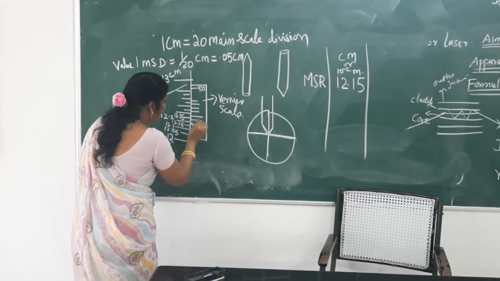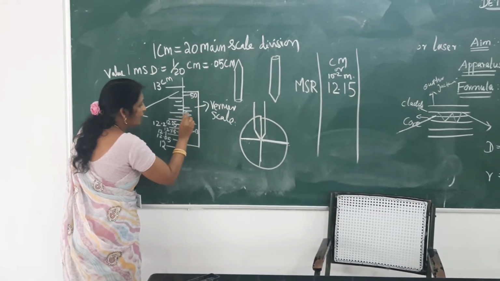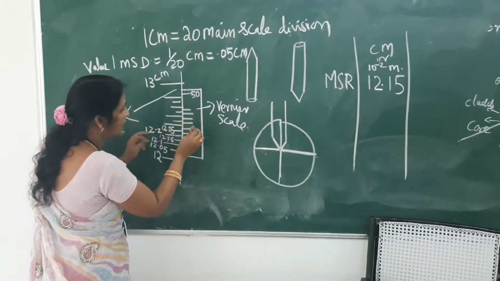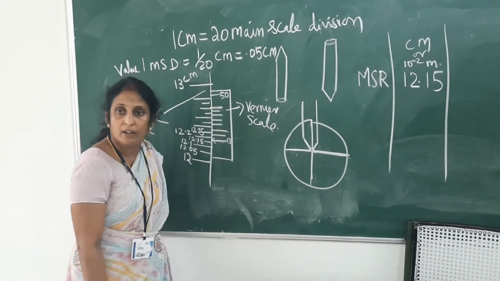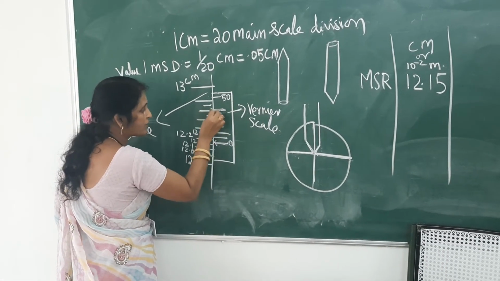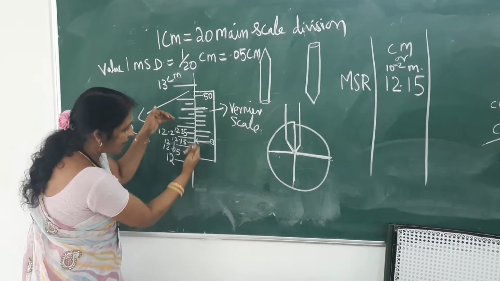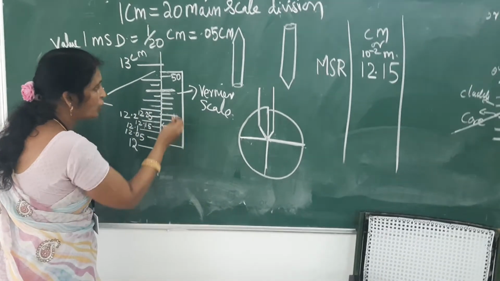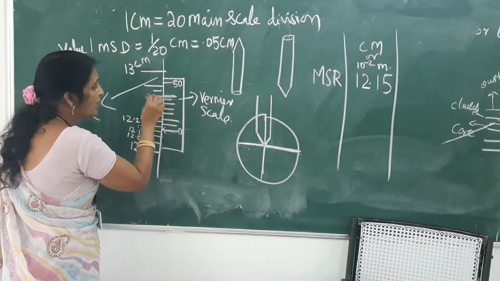Each division in the Vernier scale is slightly away from the main scale reading, but one of the divisions among 0 to 49 may be coinciding with the main scale reading.